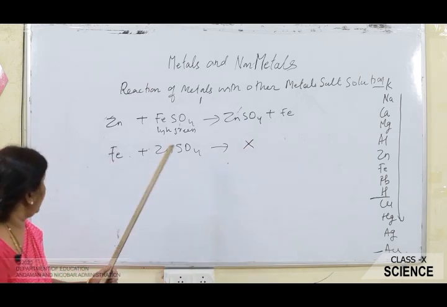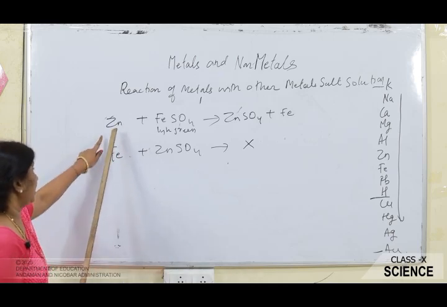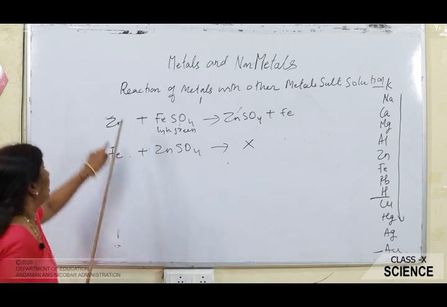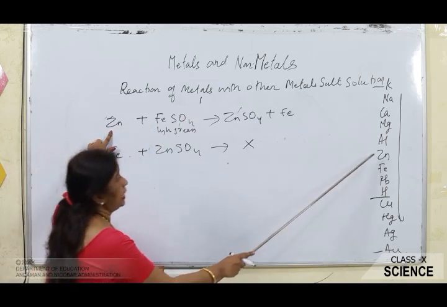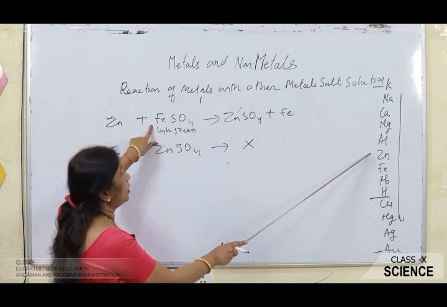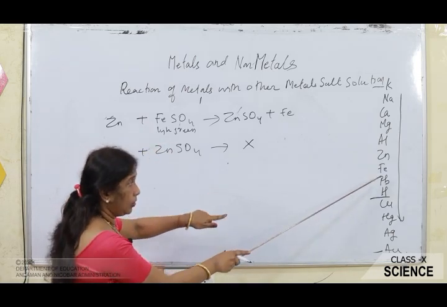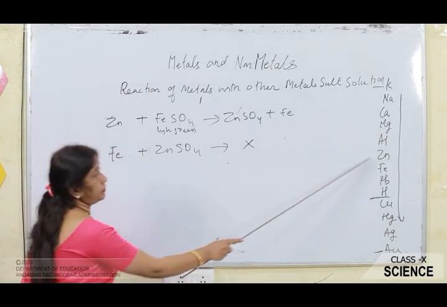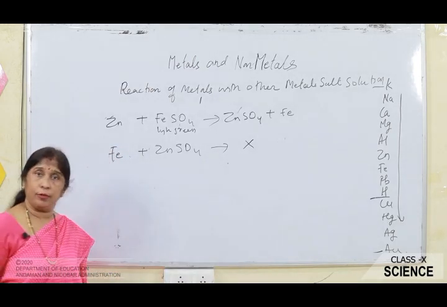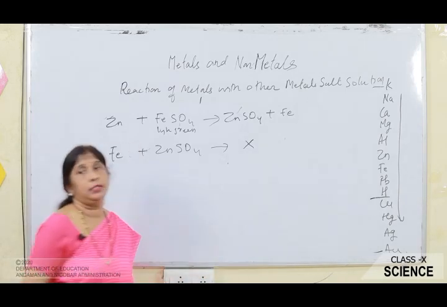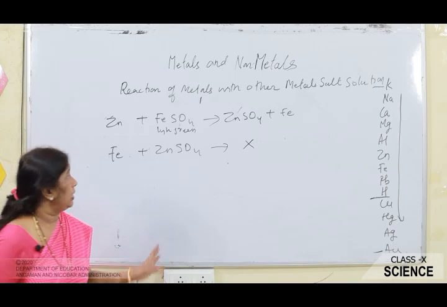Now again you see here, in the first reaction, zinc is placed above iron, and iron is placed below zinc. So according to the rule, zinc can displace iron from its sulphate solution, but iron cannot displace zinc from its sulphate solution.